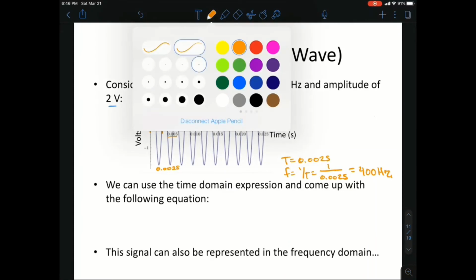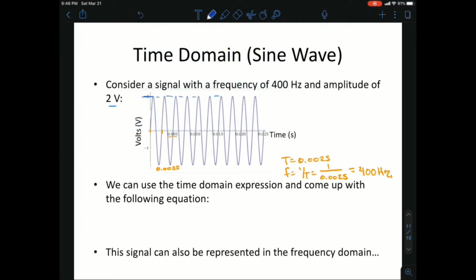So let's work on writing that signal out mathematically. Remember, we had V sub m of t equals capital V sub m sine of 2 pi f sub m times t plus theta sub m.